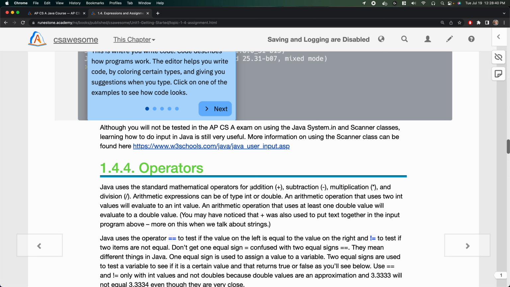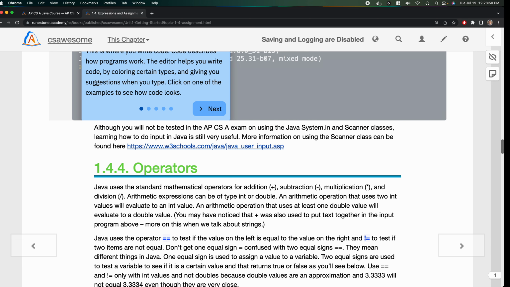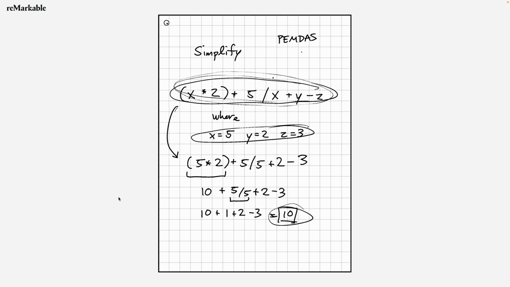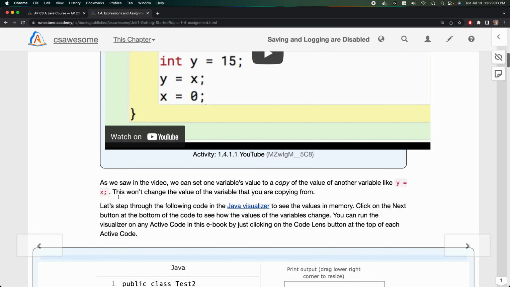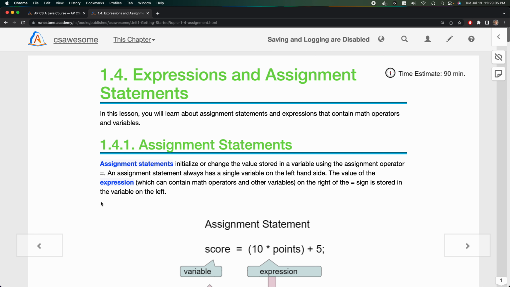So in our expression, addition, subtraction, multiplication, division are all operators. So you put an operator like 10 plus 1, that plus is an operator. An operator goes in between two values. Cool. So that's just a little preview of what the chapter looks like here.